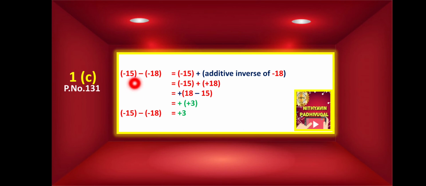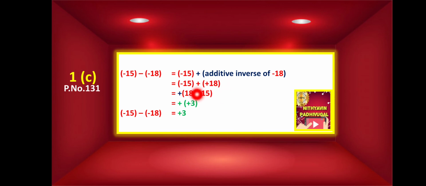So the additive inverse of minus 18 is to be added with minus 15. So the given expression is equal to minus 15 plus additive inverse of minus 18, that is plus 18. So the next step is minus 15 plus 18. Now one is a negative integer and one is a positive integer, and they are being added together.